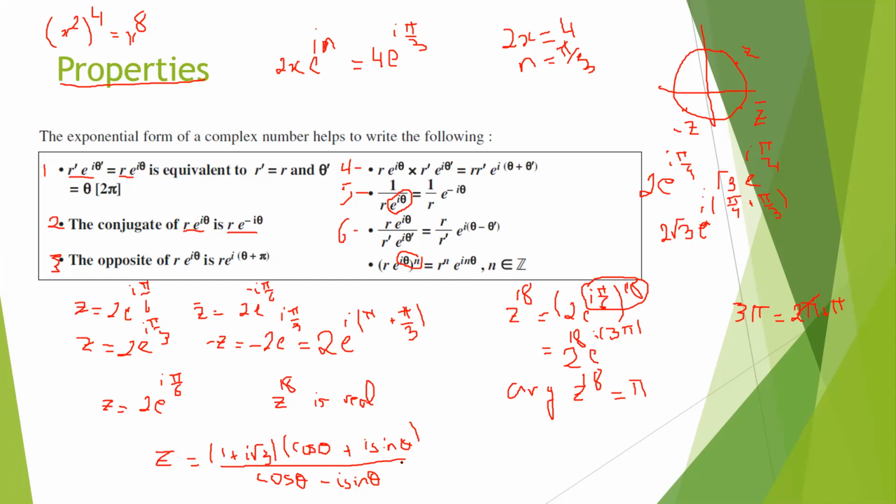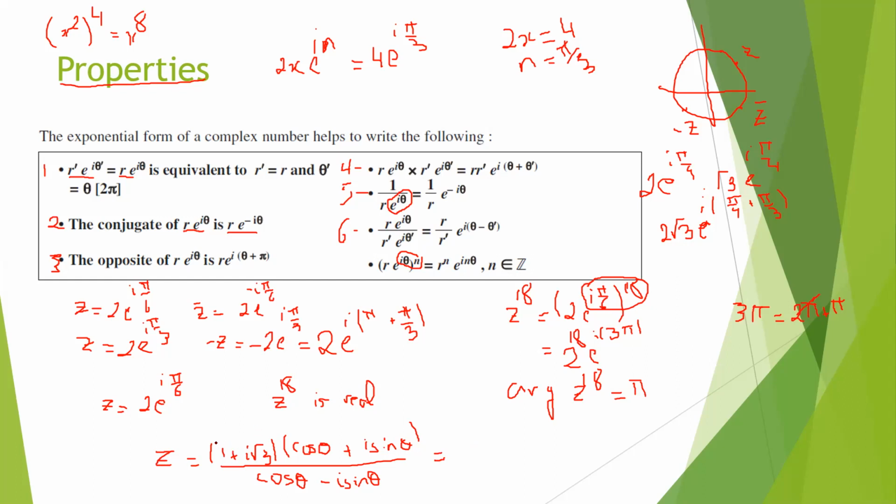We do r over r prime first, property number 6. The easiest way, guys, is to change each part to exponential form.